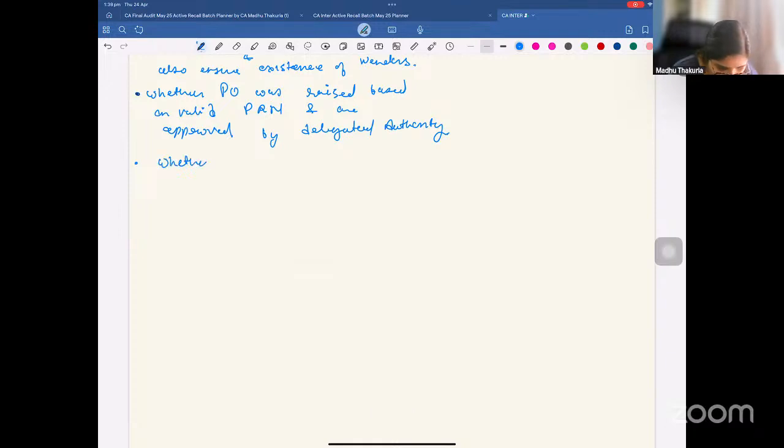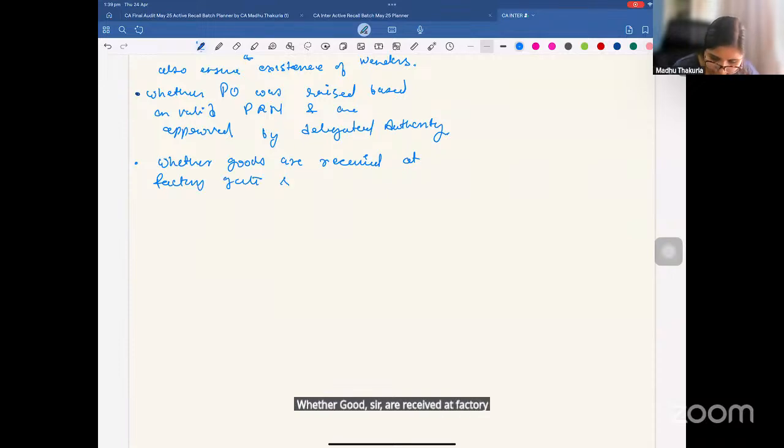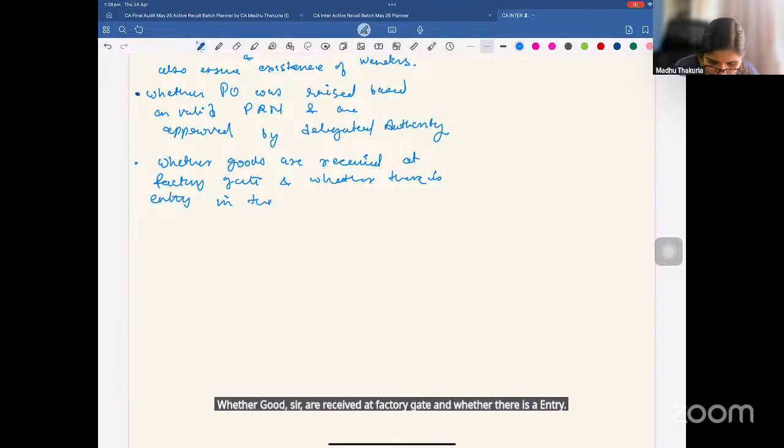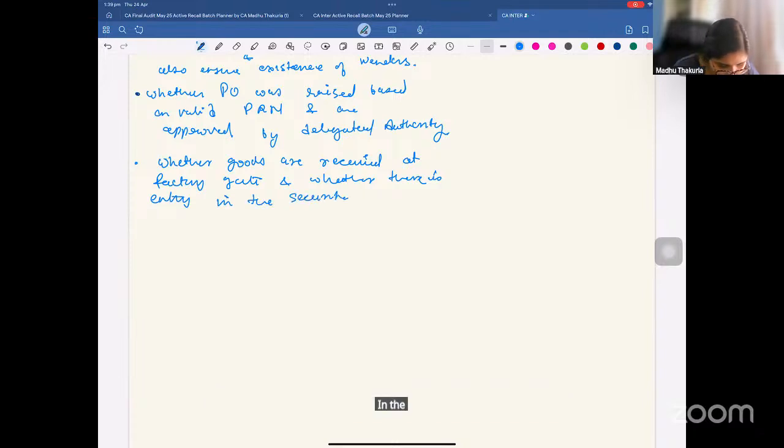Then whether goods are received at the factory gate and whether there is an entry in the security gate inward register.